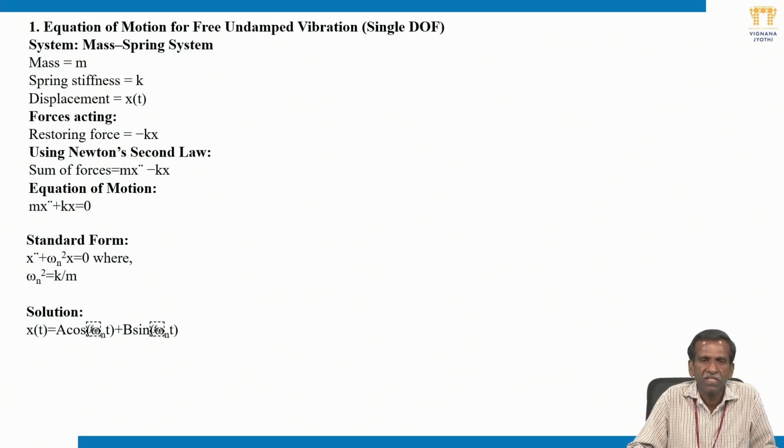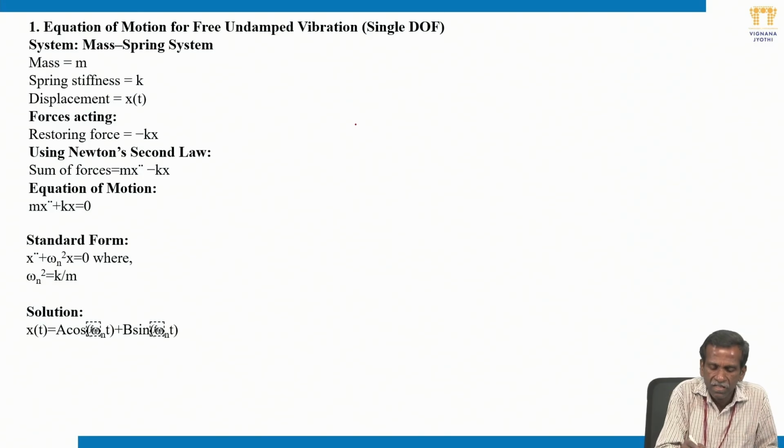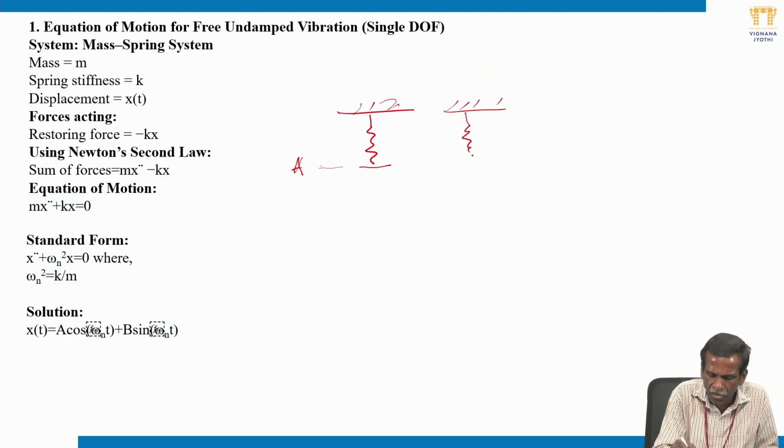Let us discuss today the equation of motion of free undamped vibrations more elaborately. We have a spring to which a mass is attached. Before attaching the mass, the spring is at this position, let us say position A. If you attach the mass to the spring, which has not only elastic property but also some mass, it is going to displace.